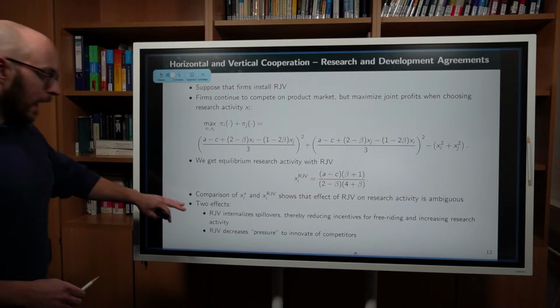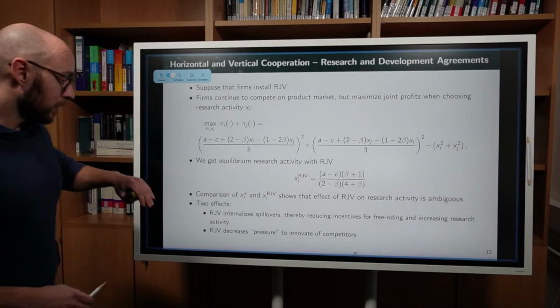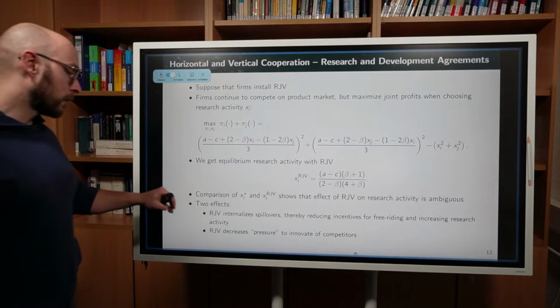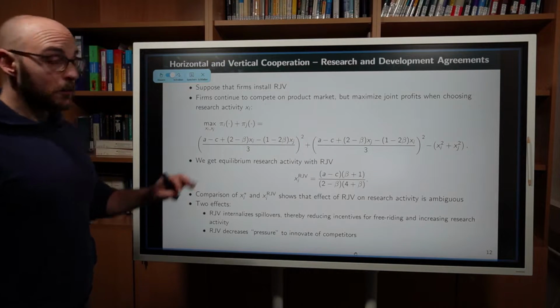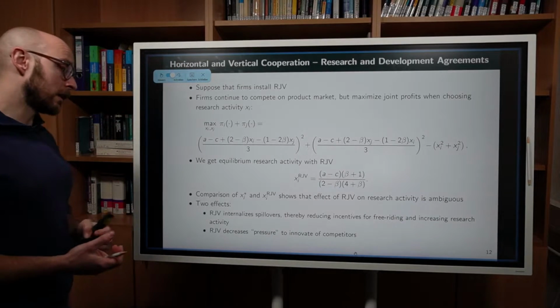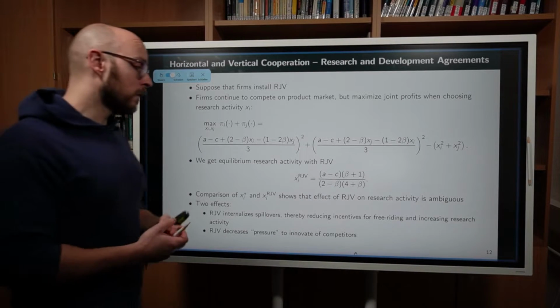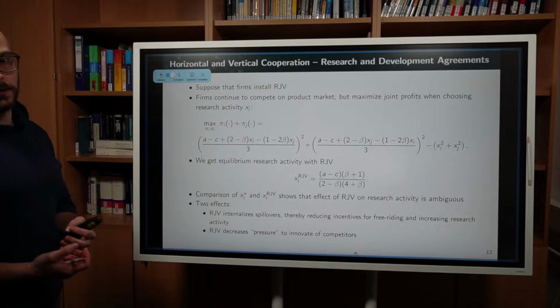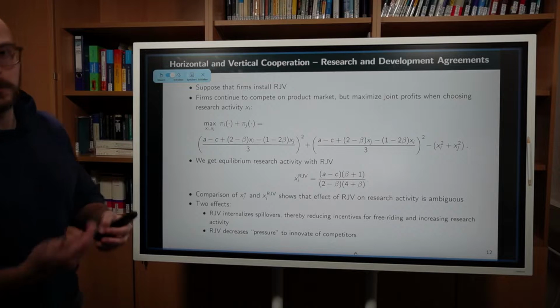So against the background of economic mechanisms, we have two effects. First of all, the research joint venture internalizes the spillover, so the positive externality, and that reduces the incentives for free riding and increases research activity in equilibrium.